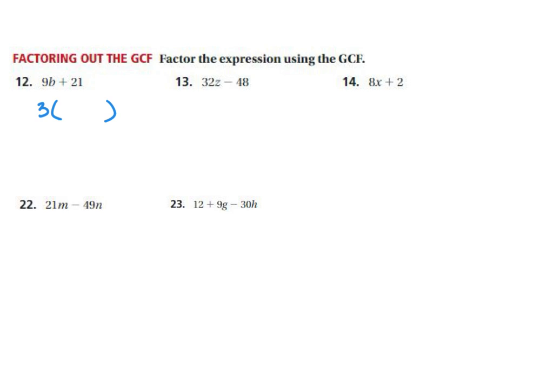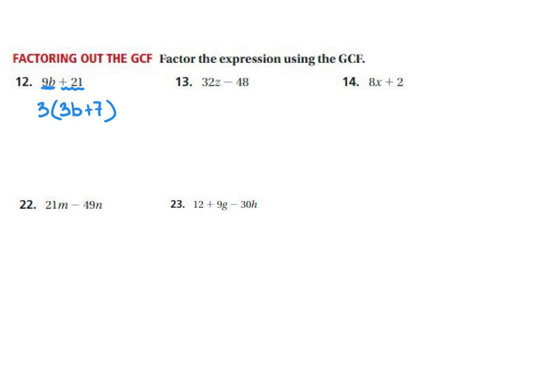So then we think to ourselves, 3 times what gives us 9? 3 times 3 gives us 9. So 3 times 3b gives us 9b. And then we say 3 times what gives us positive 21. 3 times positive 7 gives us positive 21.